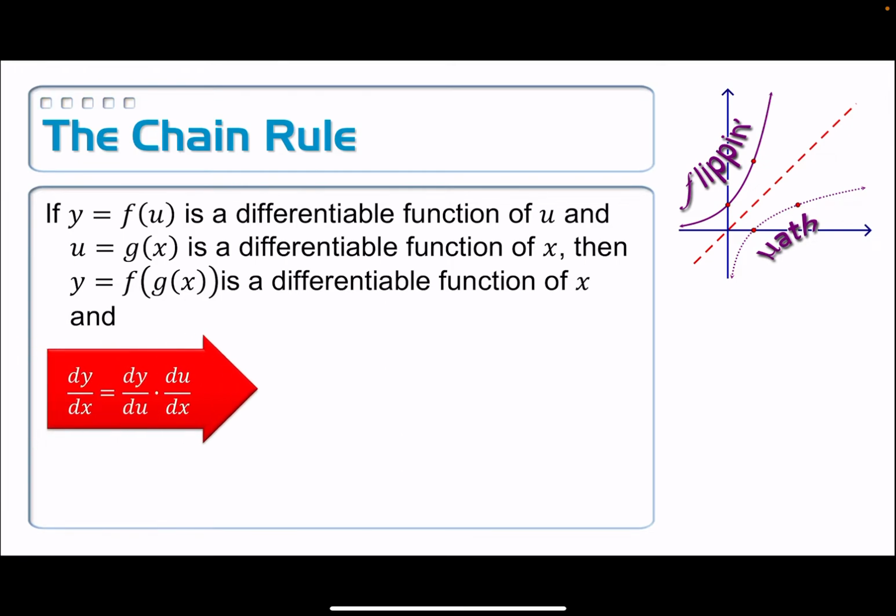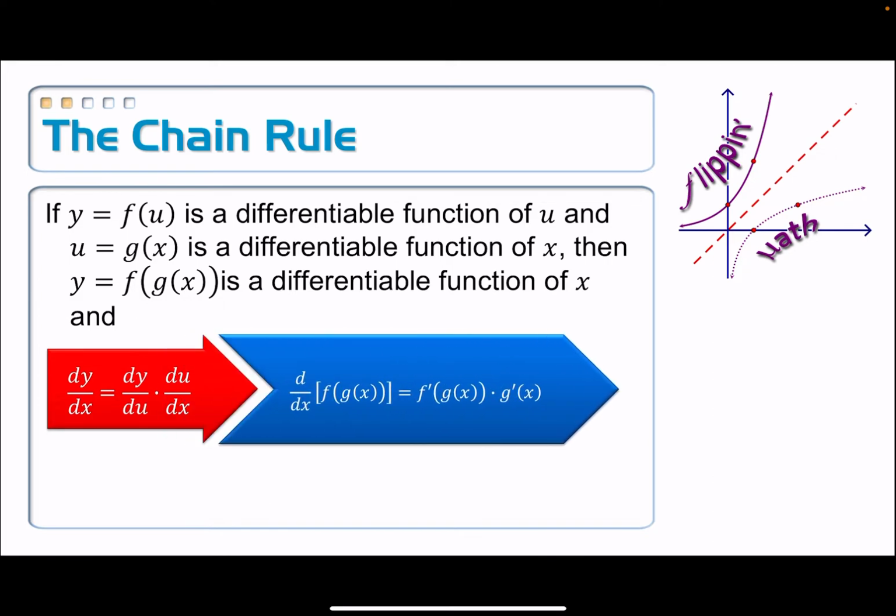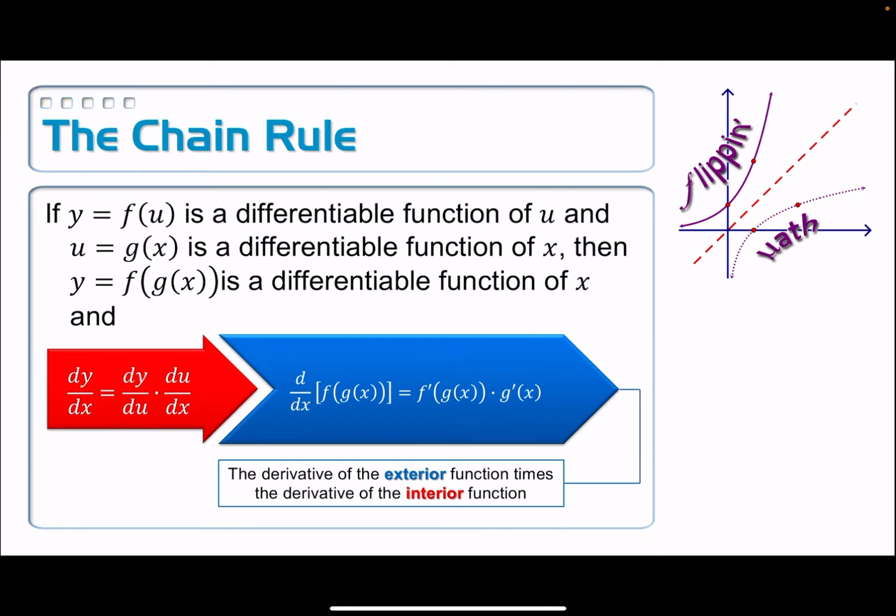And then here's the Leibniz notation, dy/dx is equal to dy/du times du/dx. This is saying the derivative of the exterior function with respect to the interior times the derivative of the interior with respect to x, right? And here's how we usually write it in terms of prime notation. It's the derivative of the exterior again with respect to the interior multiplied times the derivative of the interior function.